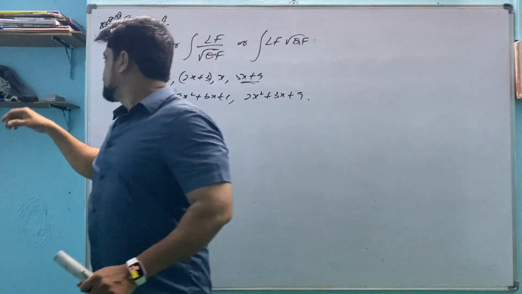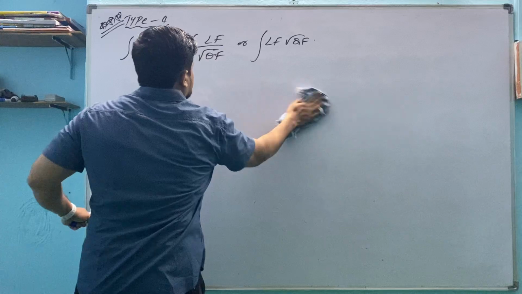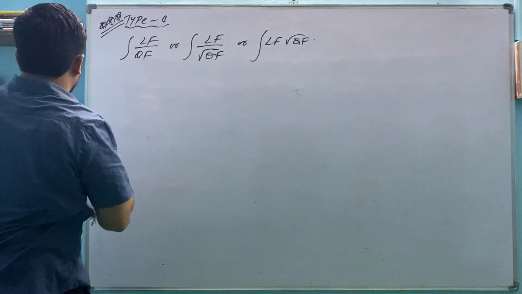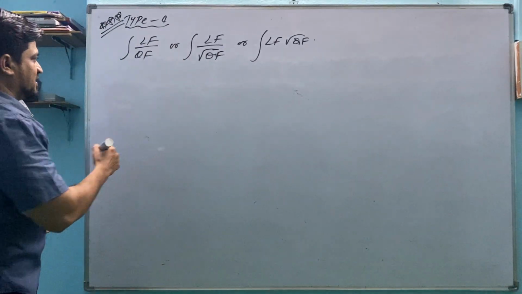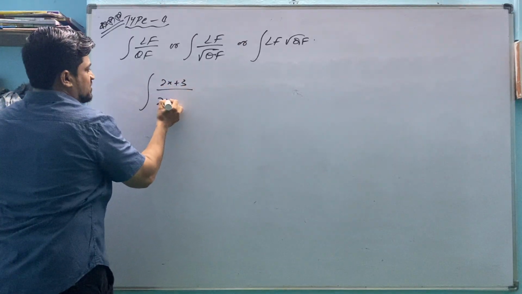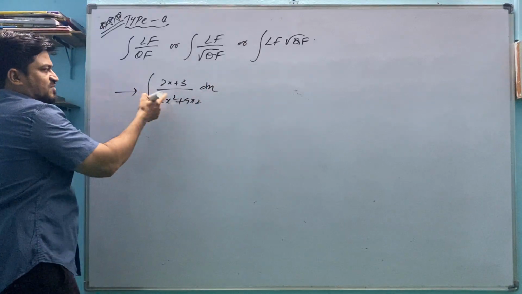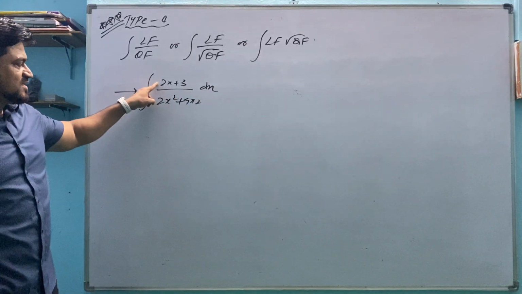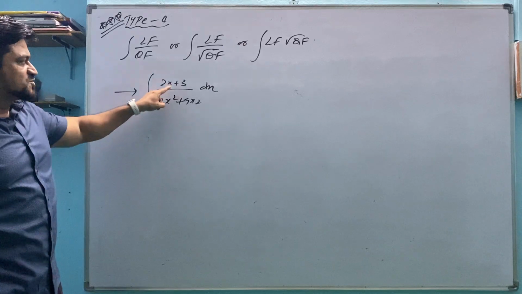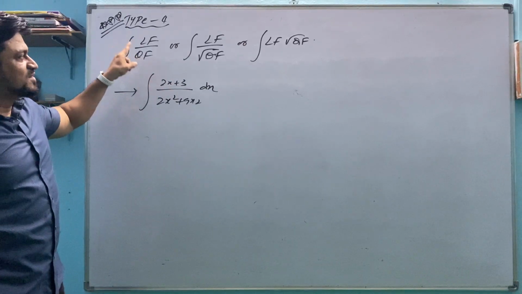So if anything has a linear function in the numerator like 2x plus 3, and in the denominator 2x square plus 9x plus 2, dx. If we find such a type of question, immediately you have to think linear is there and quadratic is there, and the substitution method is not applicable to this one. So we have to come to the conclusion this is type 4.